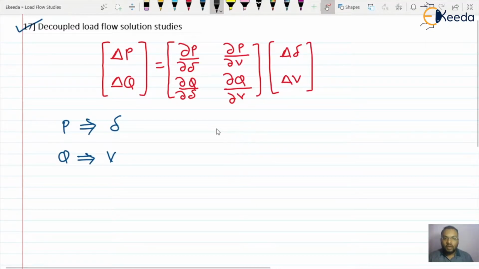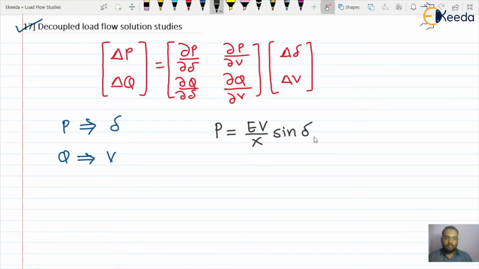See, we have the real power equation in the transmission line as EV upon X into sine delta. Now, once the transmission line is constructed, we cannot change this value of reactance.